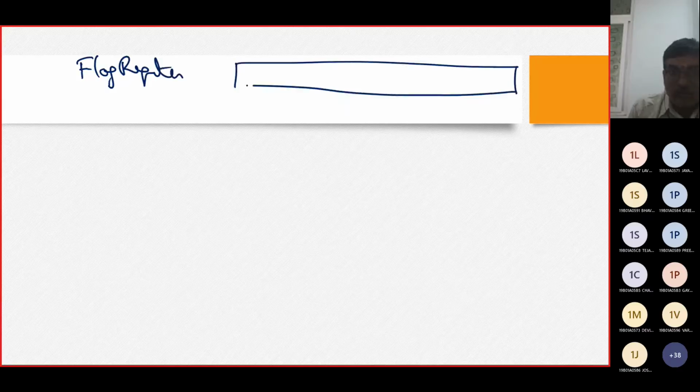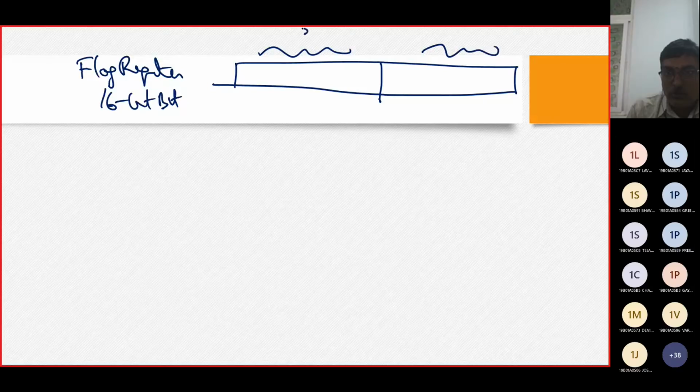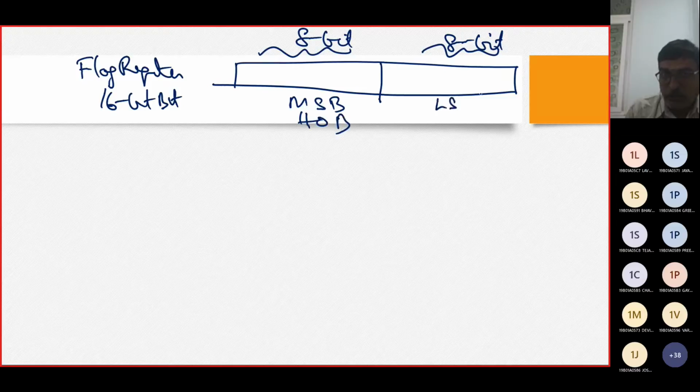Fine. In the morning class, we were talking about the flag register. We mentioned it is going to be 16-bit, so we have 8-bit and 8-bit. These 8 bits we call the most significant bits or high order bits. The other part we call the least significant bits, or low order bits.